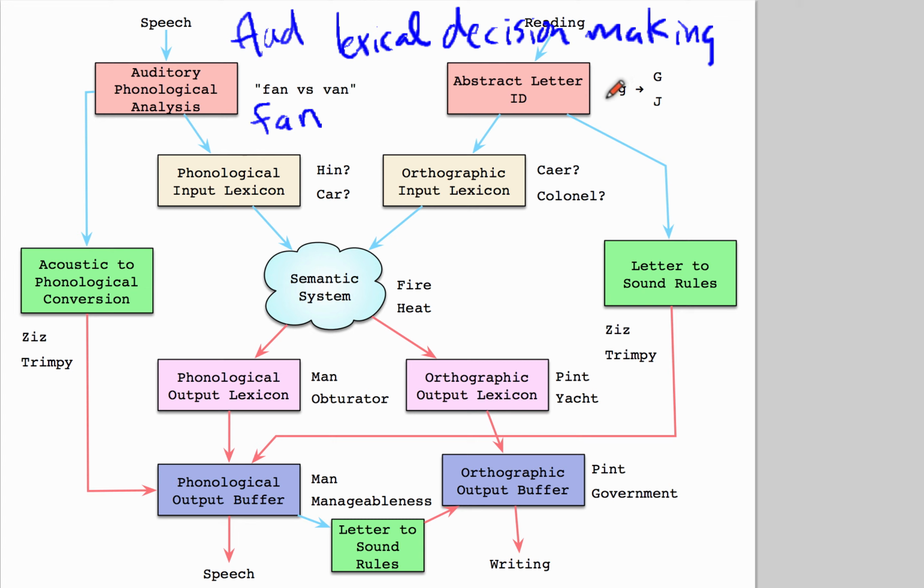And all they have to do is say, yes, this is a real word, or no, it is not a real word. All the non-words that we give them have to be what we would call phonotactically legal. In other words, it has to be a type of sound combination that we could see in the English language.